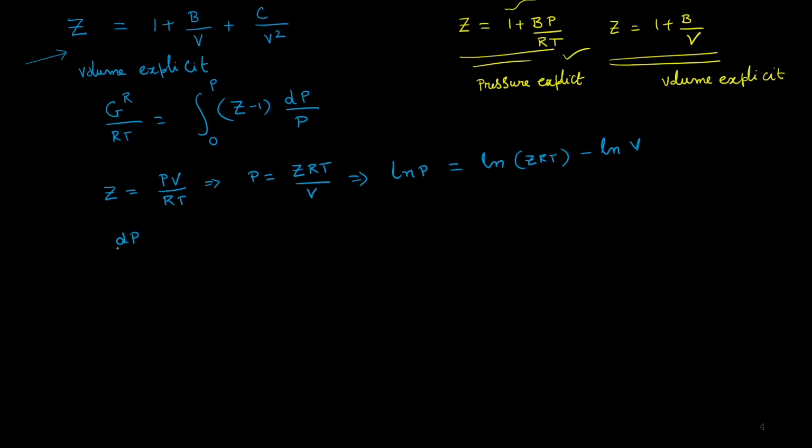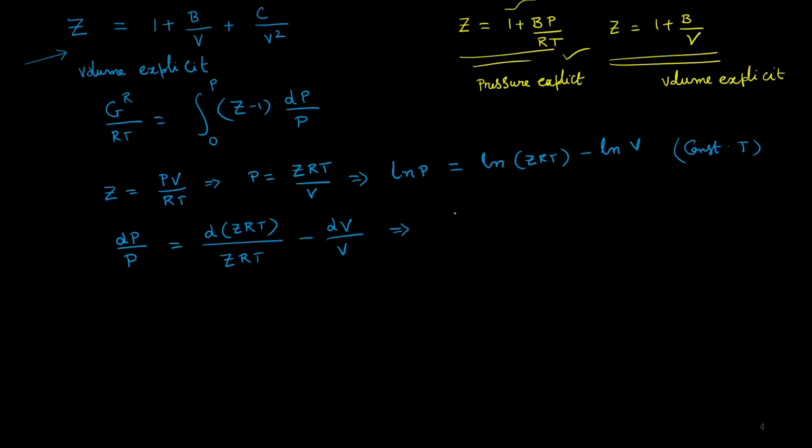The left-hand side will be dP over P. The right-hand side, let's restrict it to constant temperature, so RT is constant. Let's just write the whole thing out, that's easier without confusing ourselves. It's d of ZRT over ZRT minus d of V over V.